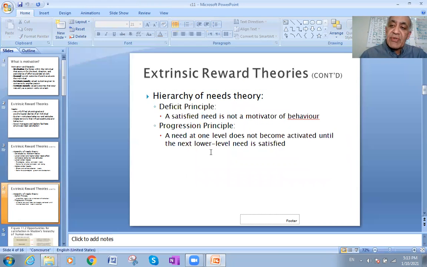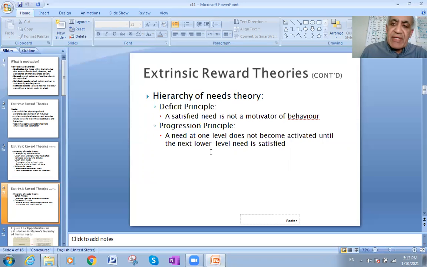Maslow said that you cannot satisfy any level until you satisfy the preceding level. So you cannot move to an upper level. For example, you cannot move from the physiological needs to the safety needs until you first satisfy the physiological needs.